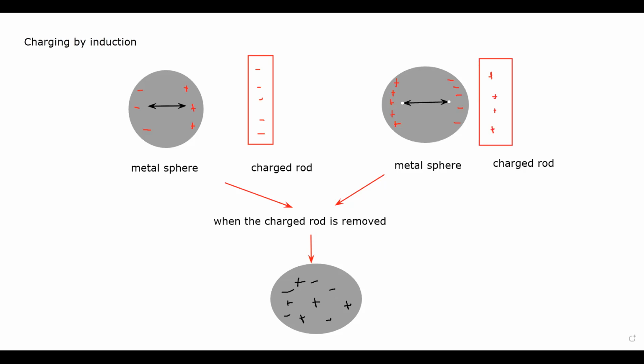So if I want a permanent positive or negative on the metal sphere, what I will do is use charging by induction with earthing.